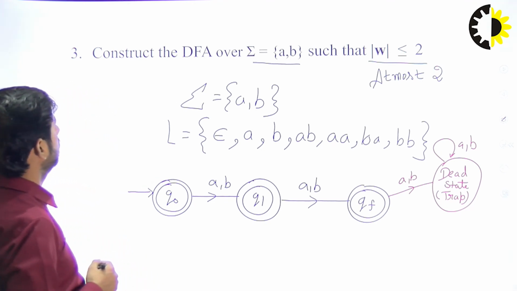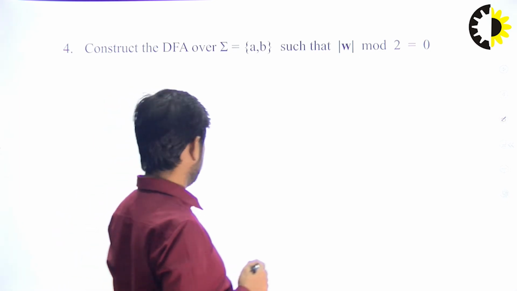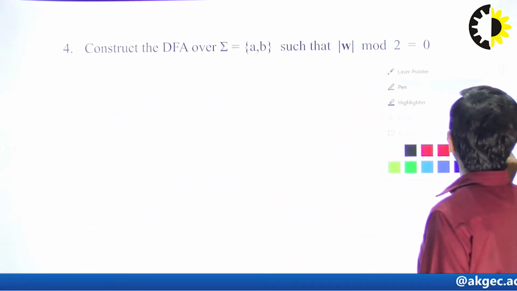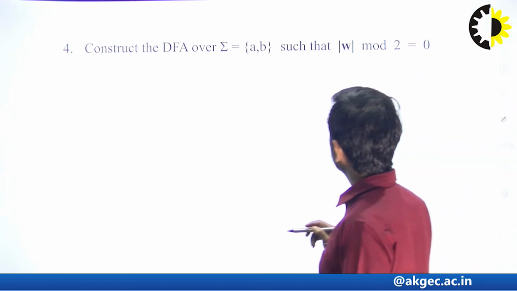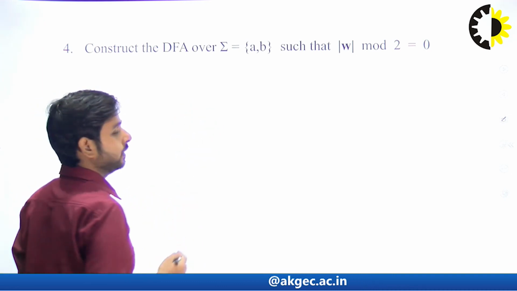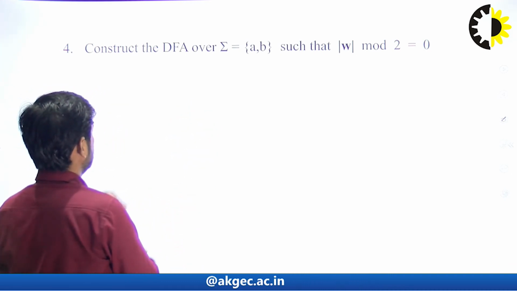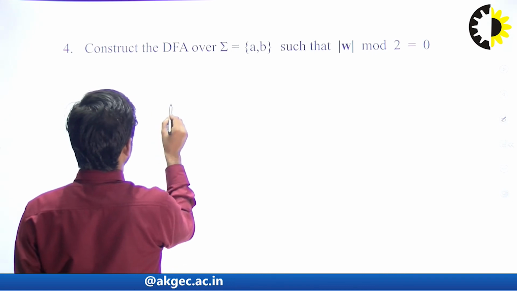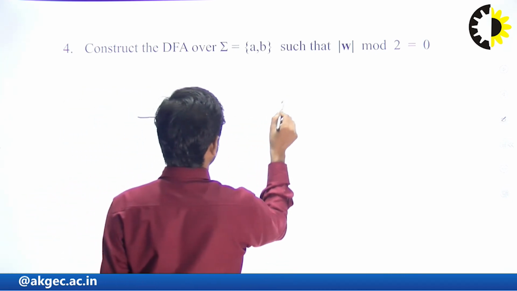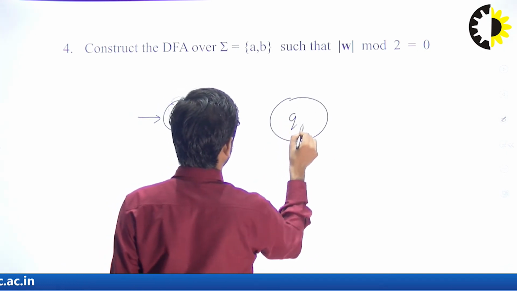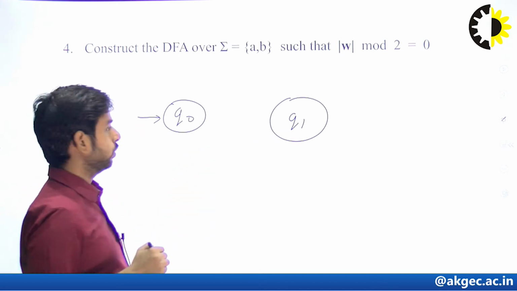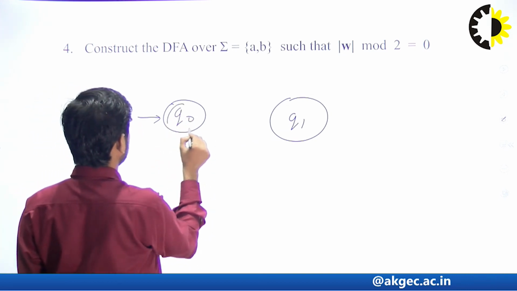Now let's see how to construct the DFA such that mod of W by 2 equal to 0. It means it will accept even length strings. So there is some initial state Q0 and there is Q1. Since 0 length is also even length, the initial state will be the final state.